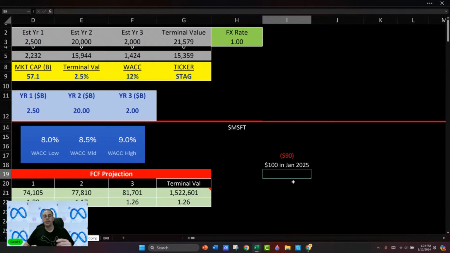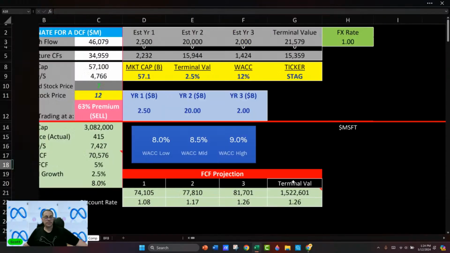So it's a great deal. But what if he said, give me $90 and I'll give you $100 in 2035? Then you're like, that's actually not that good. Why would I do that? I'm getting probably like maybe a 1% return, and I have to wait 10 years. So it's the same thing with this.